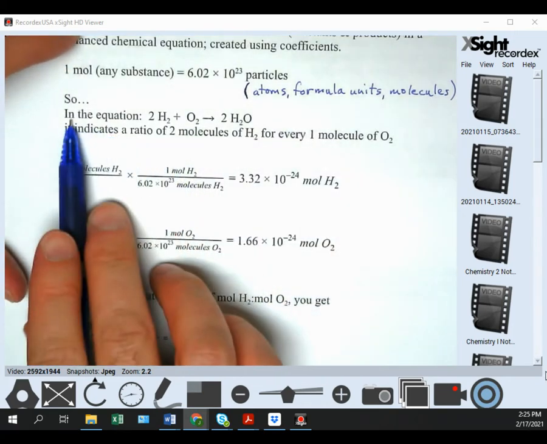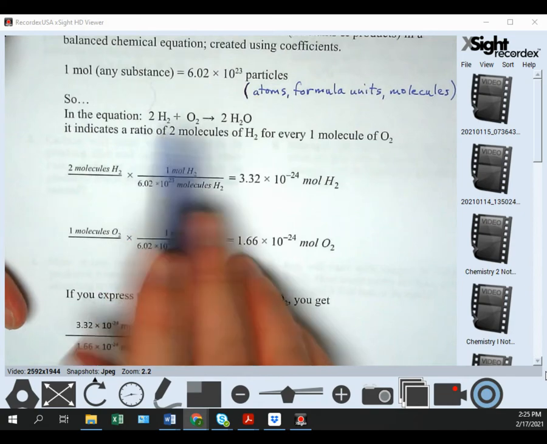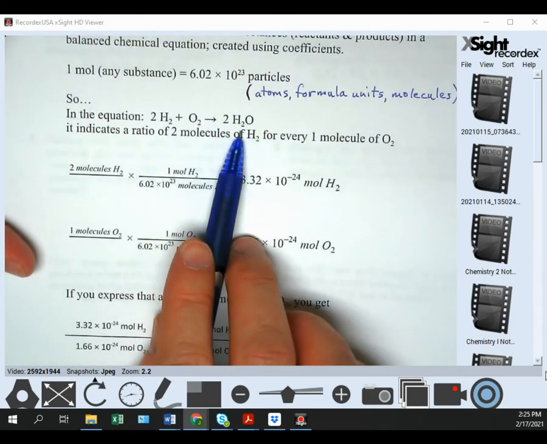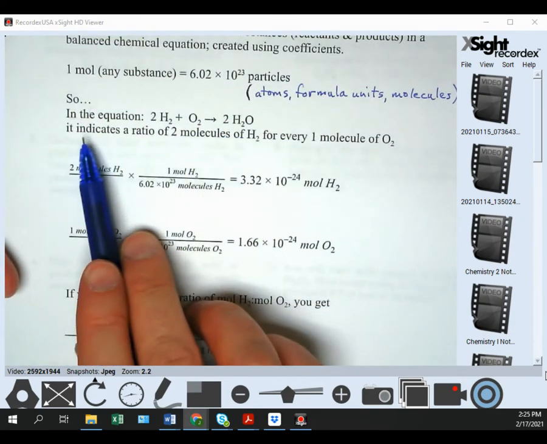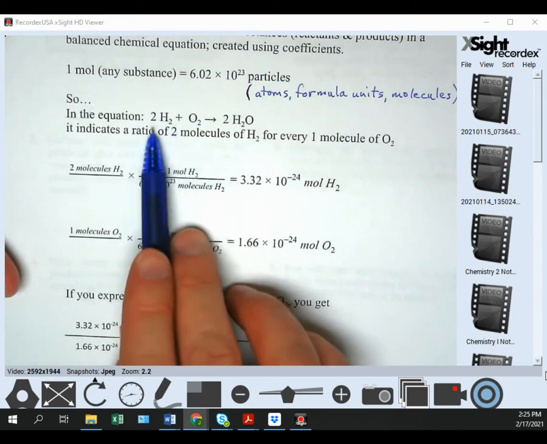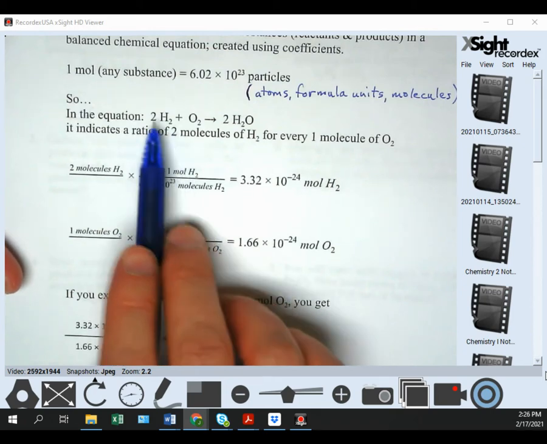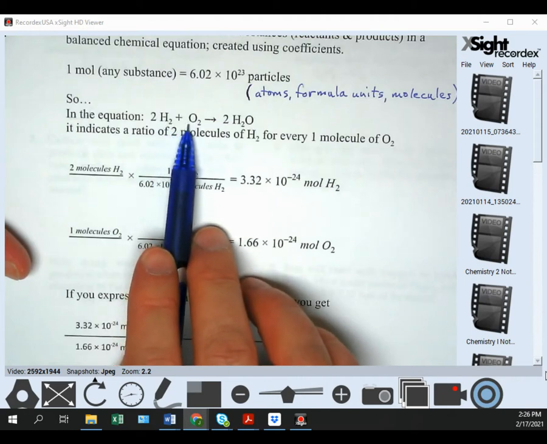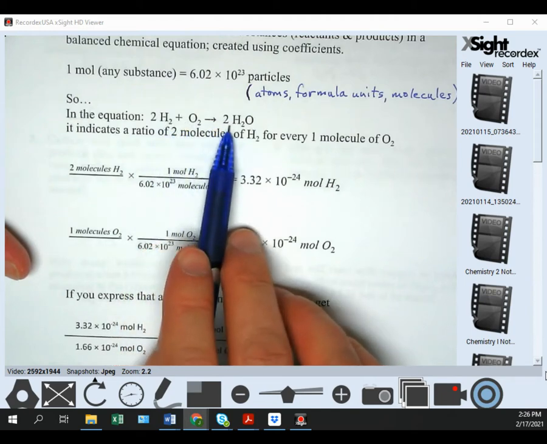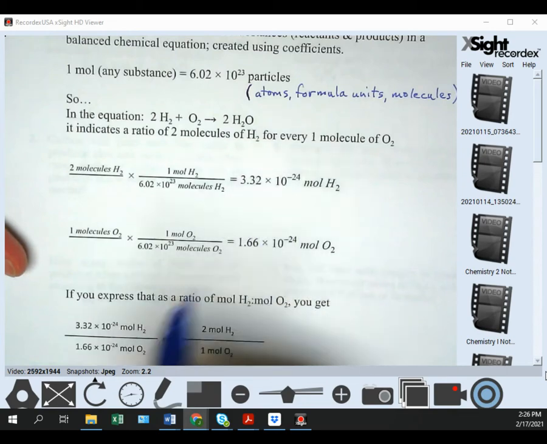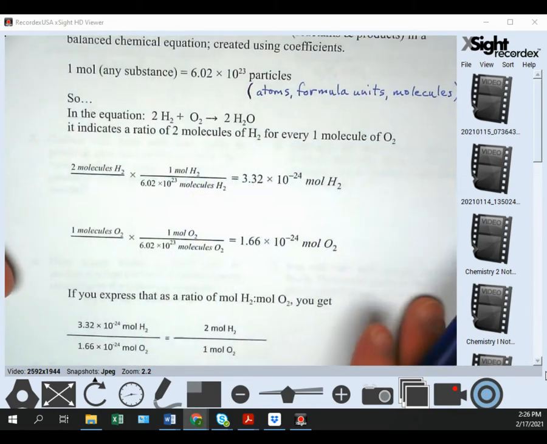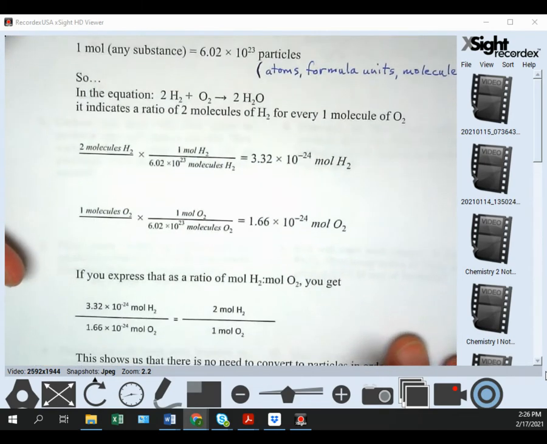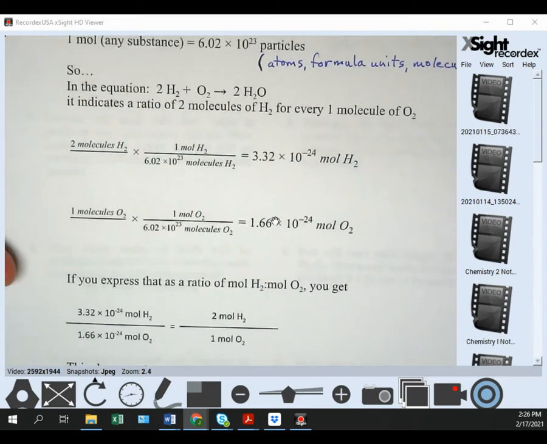Now, in the equation 2H2 plus O2 yields 2H2O, this indicates a ratio. If we look at this and say, what is this saying? It'd be 2 molecules of hydrogen plus 1 molecule of oxygen gives us 2 molecules of water, right? All right, so then look at the math here. Like I said, this is already done for us.